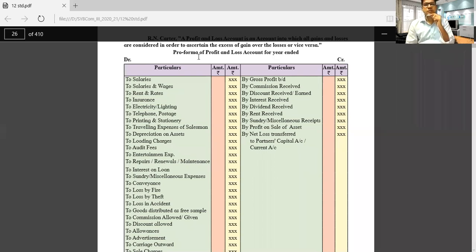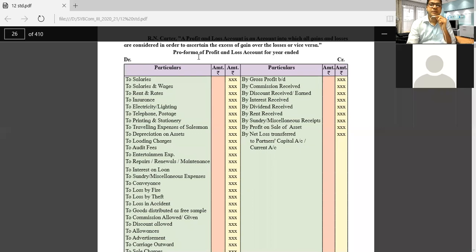Now friends, on the profit and loss account debit side, whatever expenses are recorded, such expenses are called indirect expenses. And on the profit and loss account credit side, we will record incomes and gains.